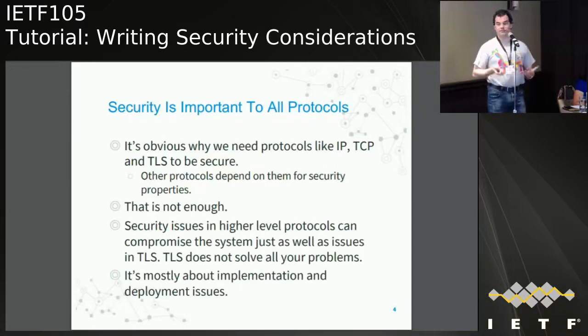They include the cryptography, so they're important stuff. But other protocols also need to be secure. You can have the best security with TLS, and still, if you layer HTTP on top of that, HTTP can still give up all the security, the TLS notwithstanding.